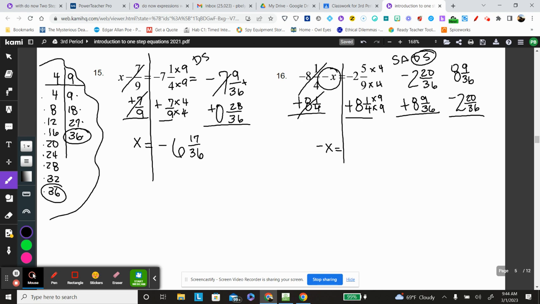You can't do 9 minus 20. What's the 8 gonna become? Okay, that gives me 7 and 45 over 36 minus 2 and 20 over 36.